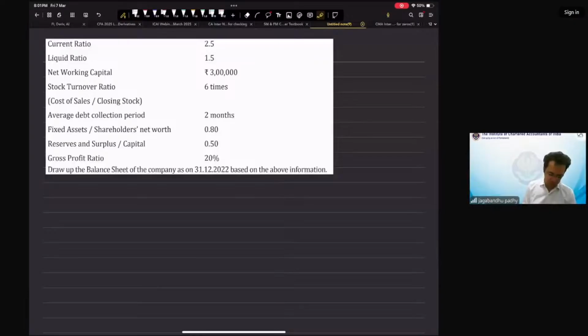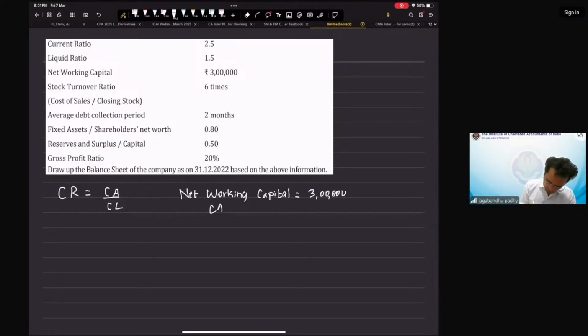Just like in the previous question, we have the current ratio and the net working capital. Use the same relation. Current ratio is current asset upon current liabilities. Net working capital is current asset minus current liability, which is 3 lakh.